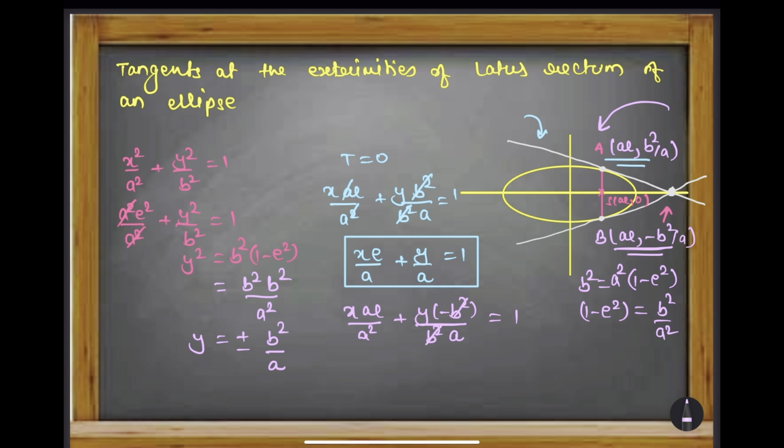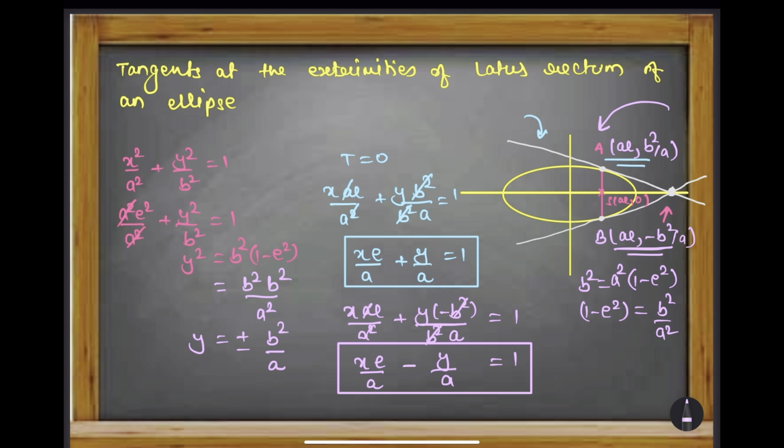This thing is gone, right, this thing is gone. So x e by a minus y b by a equals 1. B square is vanished. Okay, so we are left with y only. Now look at this, you got both the tangents.